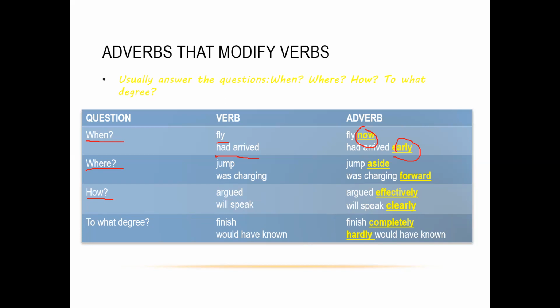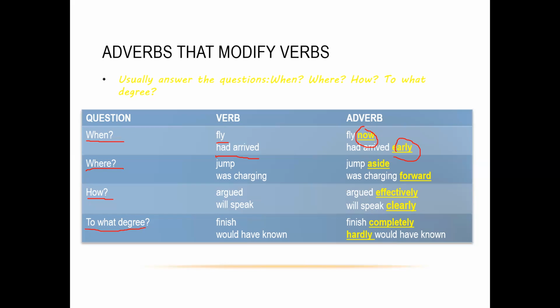Okay? How did they argue? Effectively. Meaning, hindi naman sila nagsabunutan. Nagkaayos din sila. Alright? Now, how will a person speak? She will speak clearly. It describes how the person will speak.